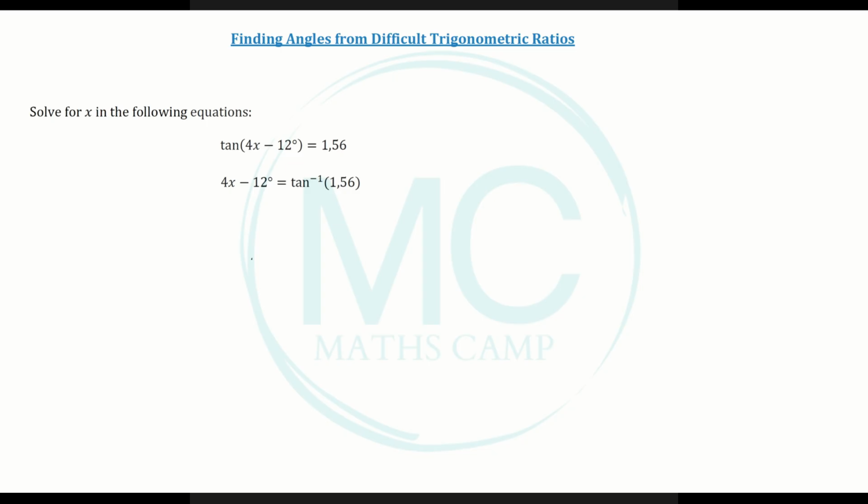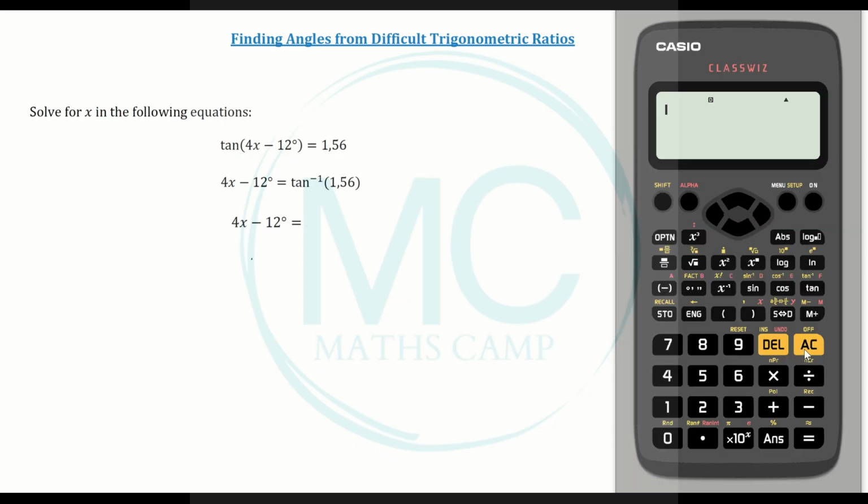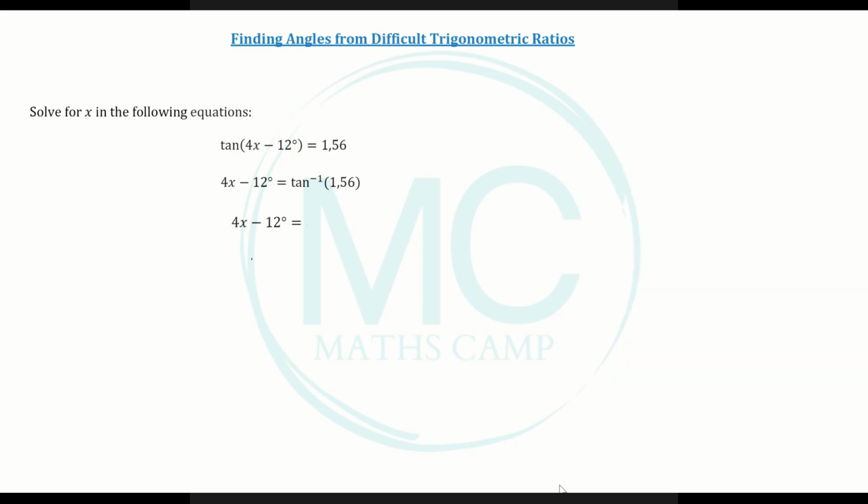Now we can take our calculators and we say shift tan 1,56, close the bracket, is equal to 57,339, and this rounds off to 57,34 degrees.